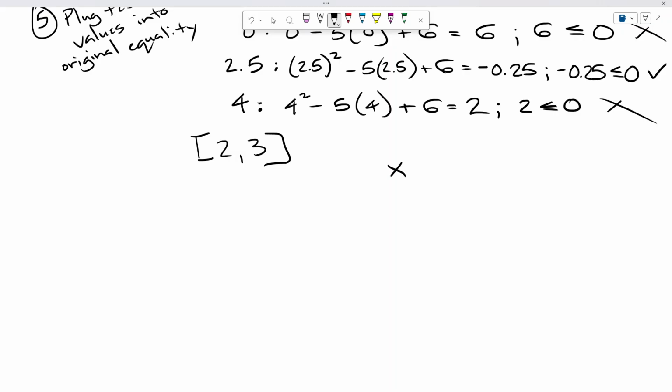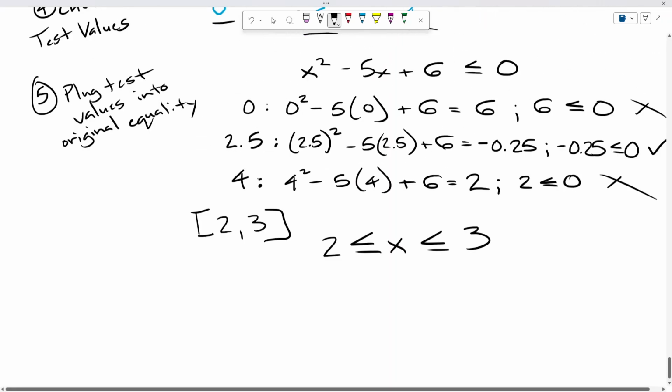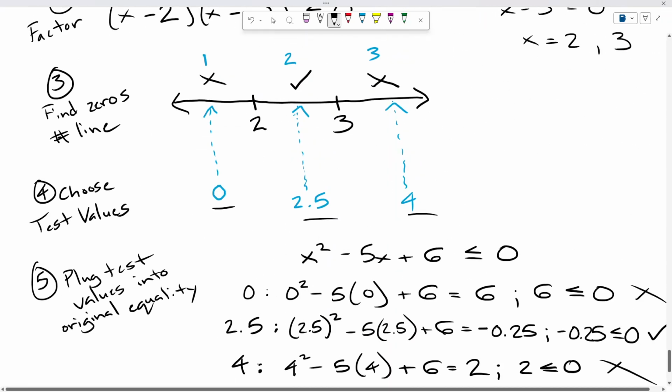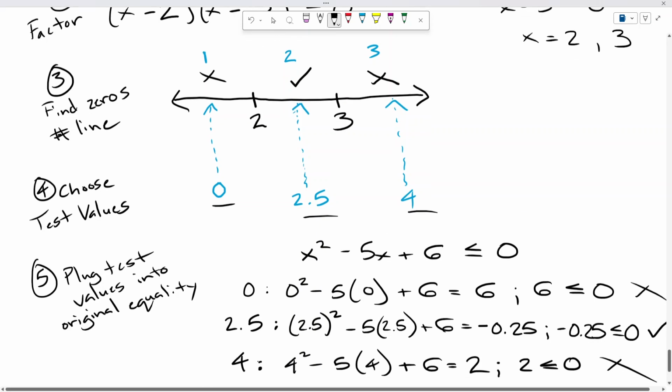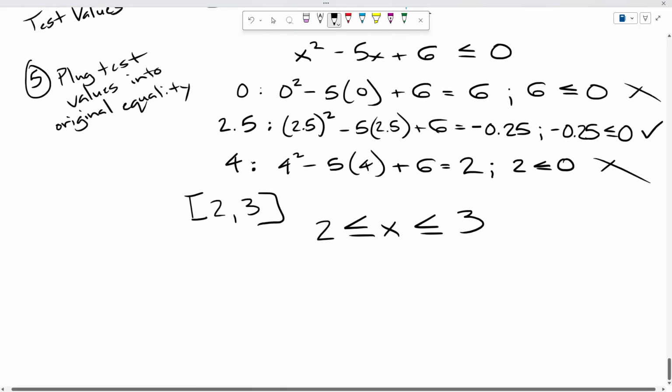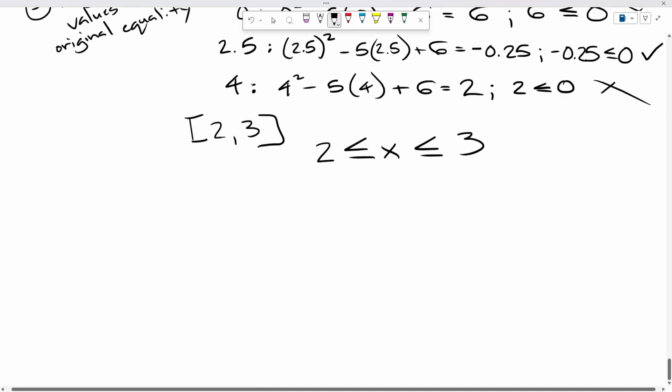We're saying that x has to be less than or equal to 3 and greater than or equal to 2. Because when we plugged in our test values, that allowed us to determine whether those particular intervals were true or false, whether they would be part of the solution set. And the only part that was true was the middle one from 2 to 3. So that is the only answer that is part of our solution set.